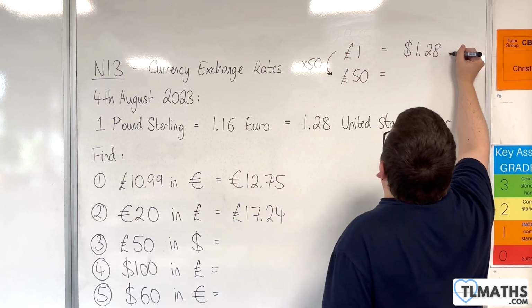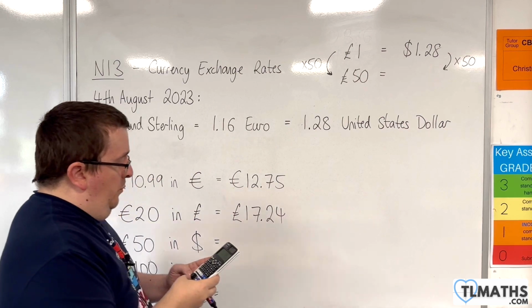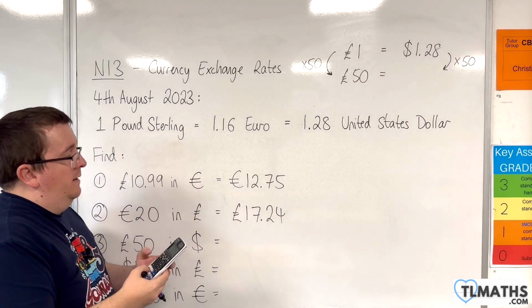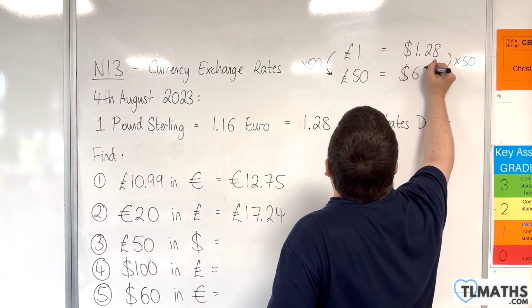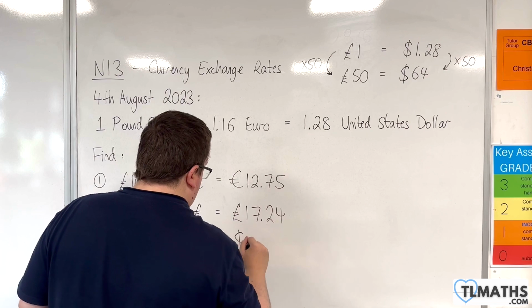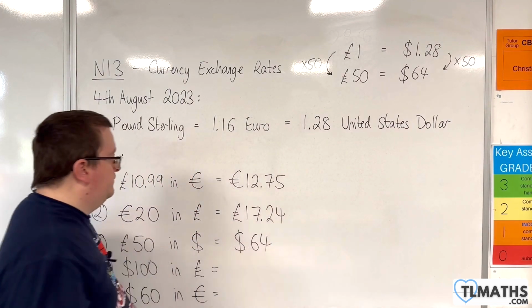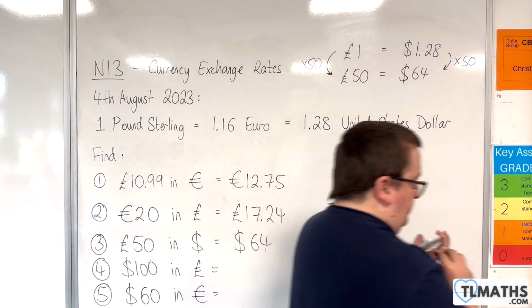So I need to do the same to the right-hand side. 1.28 times 50 is 64. So this is $64.